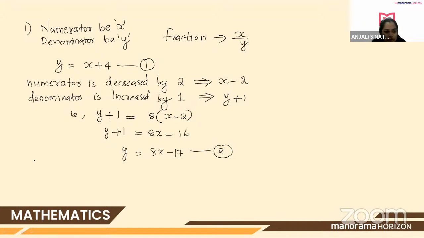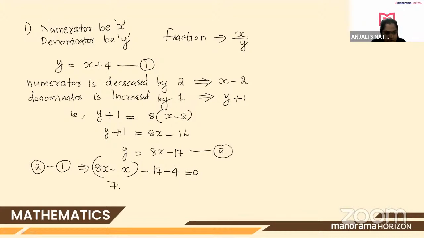So if we subtract, that is equation 2 minus equation 1, which implies y and y got cancelled. The remaining thing is 8x minus x minus 17 minus 4, which is equal to 0 because y and y got cancelled.